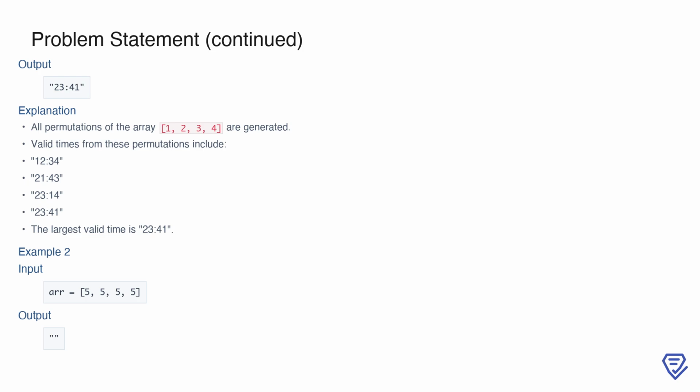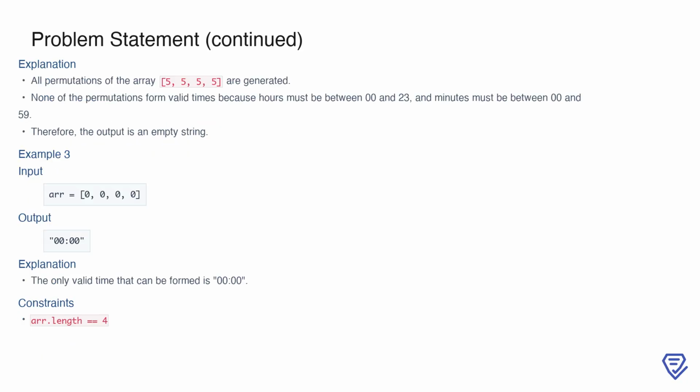On the other hand, if the input is 5, 5, 5, 5, all permutations will fail to meet the criteria for valid hours and minutes, so the output in this case is an empty string. For the input 5, 5, 5, 5, no valid time can be formed because the digits do not allow for hours between 00 and 23.